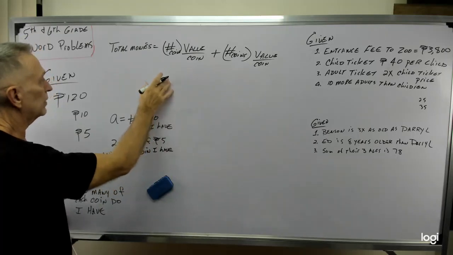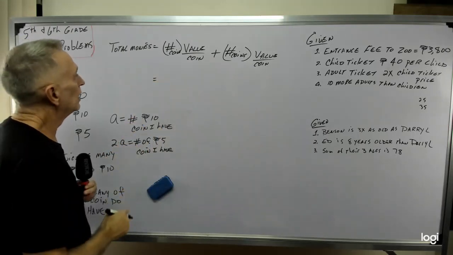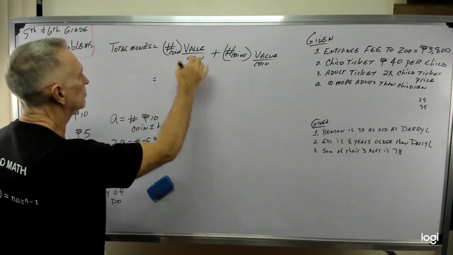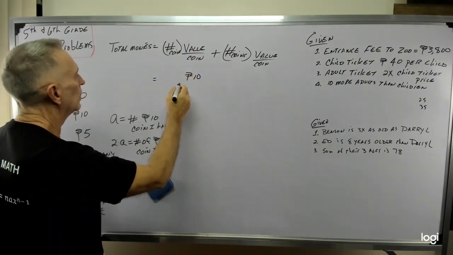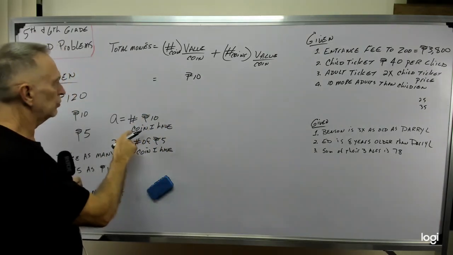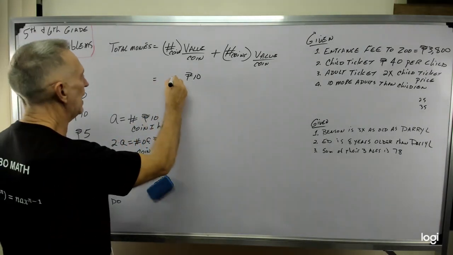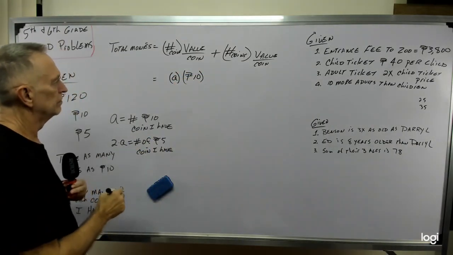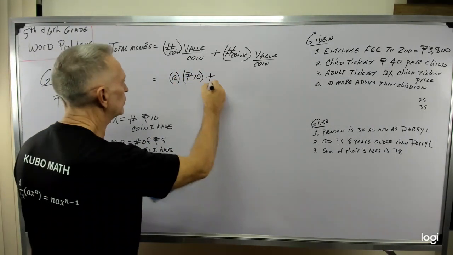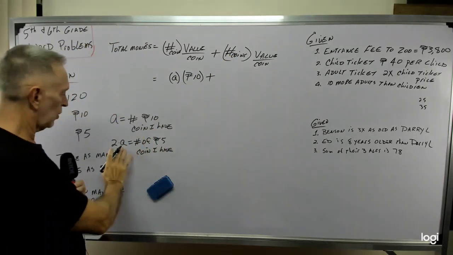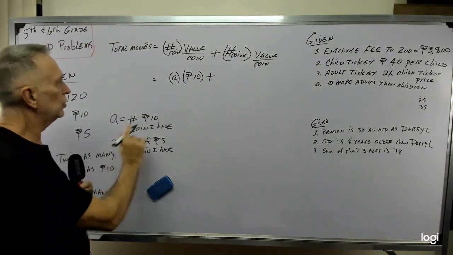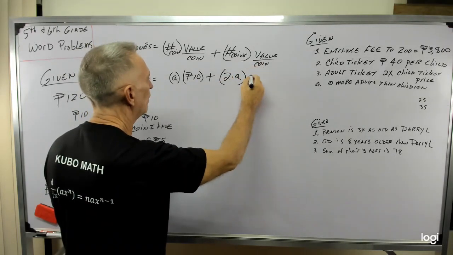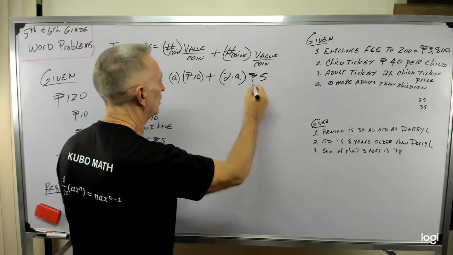So if we go back to this formulation, here's my 10 peso coin, the value of that coin, and how many of those do I have? Well, I have A of them. A times 10, plus how many of the other coin did I have? I had 2A, 2 times A of the 5 peso coin.